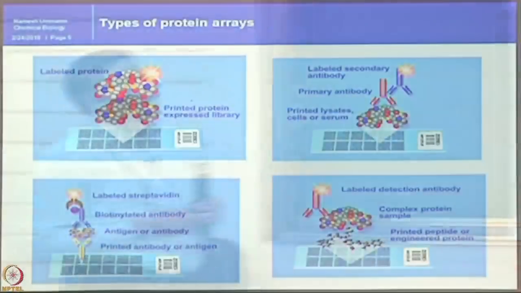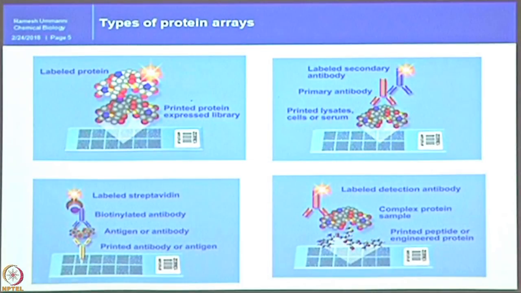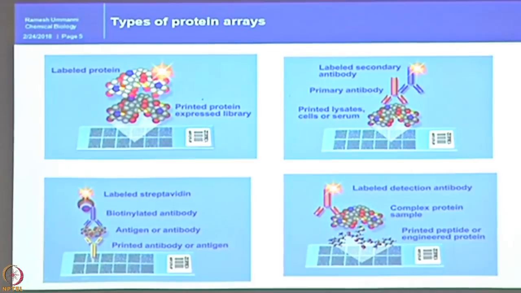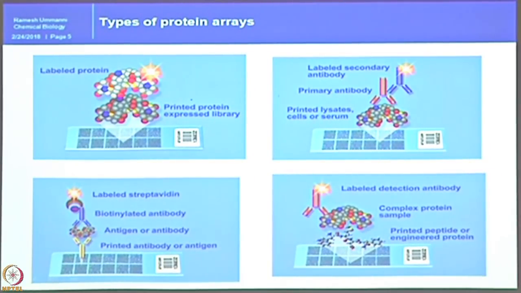Nevertheless, if you look at this nice cartoon, there are different types of arrays. In the first cartoon, you can see a slide with a barcode, a glass slide printed with protein expression libraries. You add protein which is already pre-labeled to the glass slide.